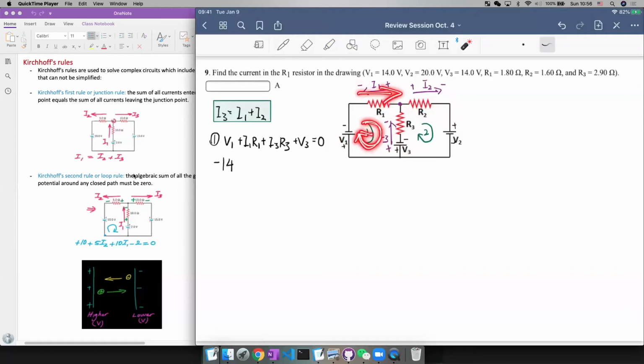All right, so now we have this circle to be clockwise. So here it is a gain, right? From lower to higher, it's a gain, so we have plus. And then we look at R3. Again, still from lower to higher, you go upstairs, it's a gain, you have plus.